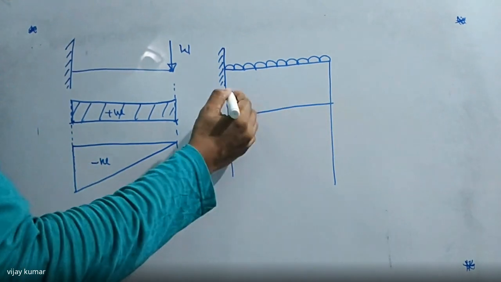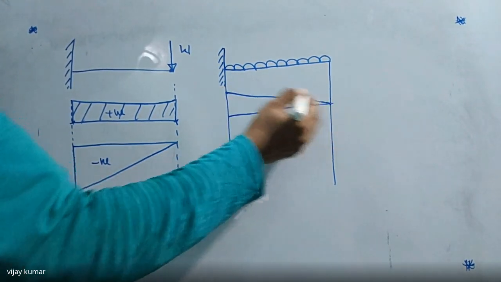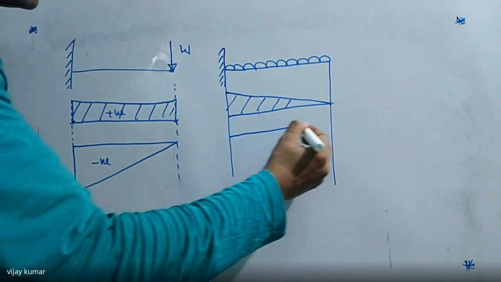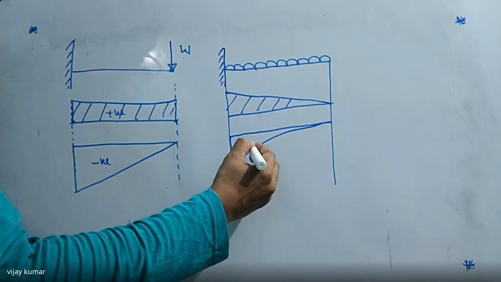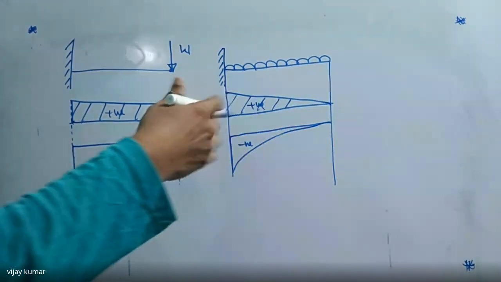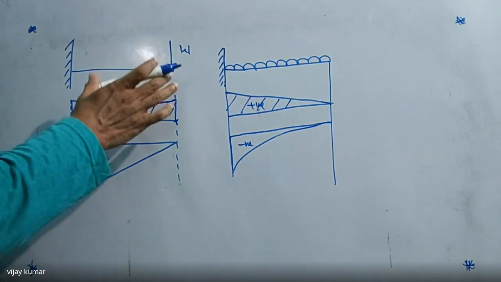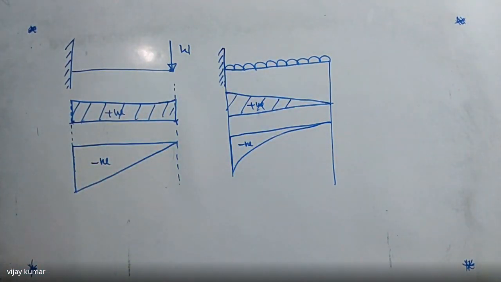It is linear, and it varies from this point to this point. And in the case of bending moment, we get a parabola. This is also negative. So these are the two diagrams, shear force and bending moment, for the cantilever beam subject to a point load, and for one subject to a uniformly distributed load.